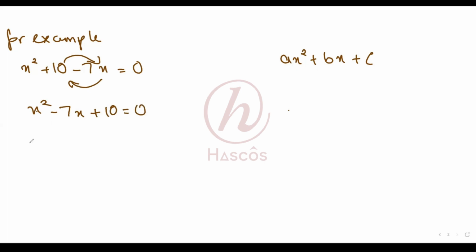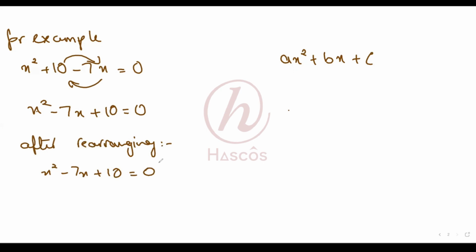So after rearranging, you have x square minus 7x plus 10 equals 0.